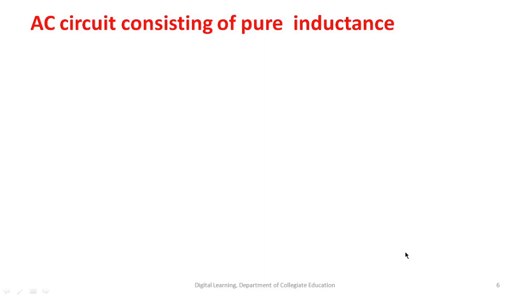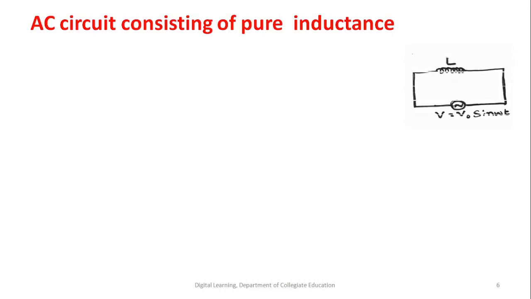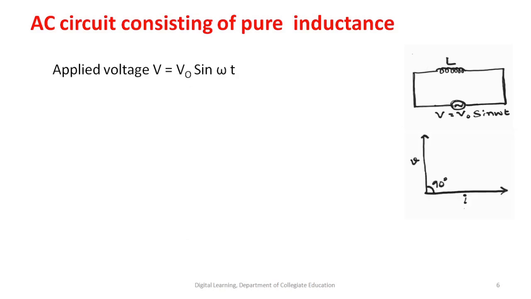AC circuit consisting of pure inductance. Consider an AC circuit containing only inductance. The applied voltage V is represented as V is equal to V naught sine omega t.